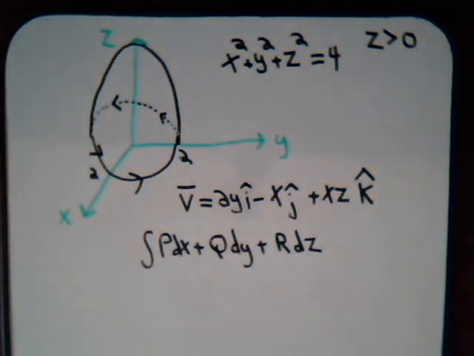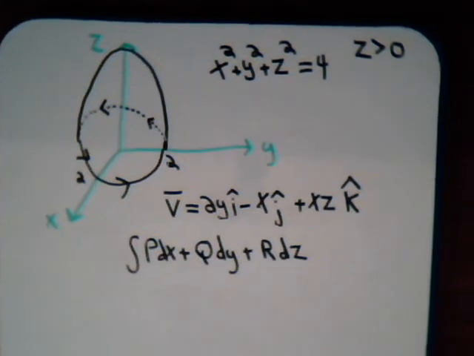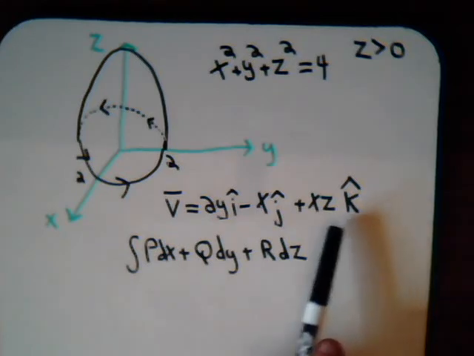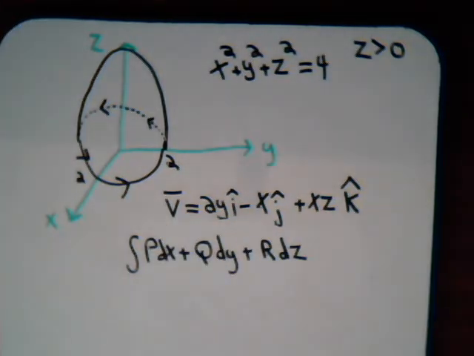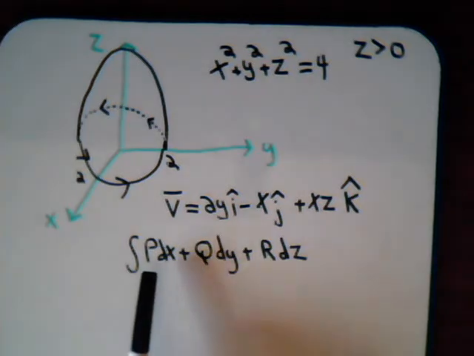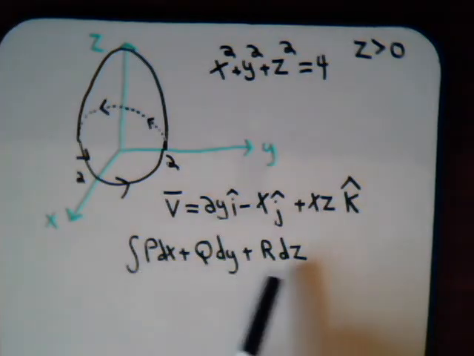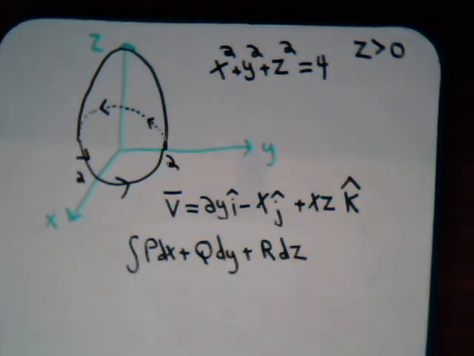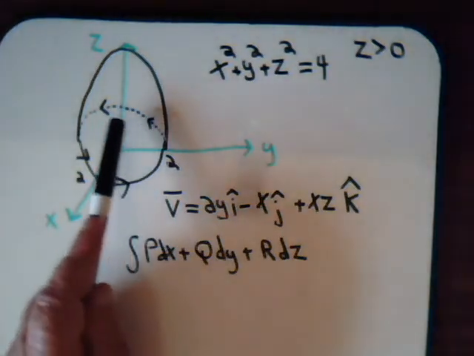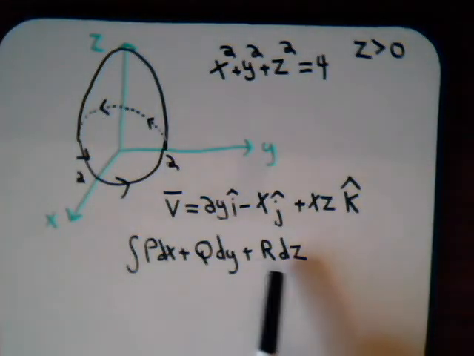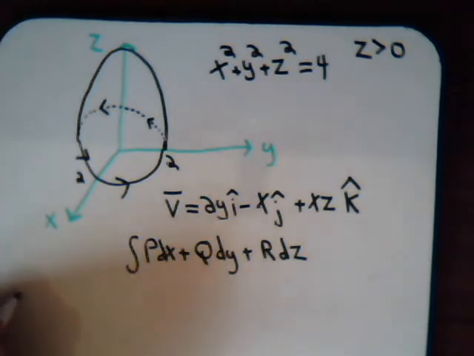So here is the vector field, and when we have a line integral, it's in general in this form. But now we're taking our line integral just in the xy plane, so there won't be any z component to it. But the line integral will look like this.